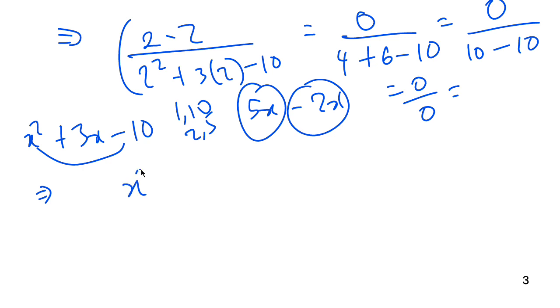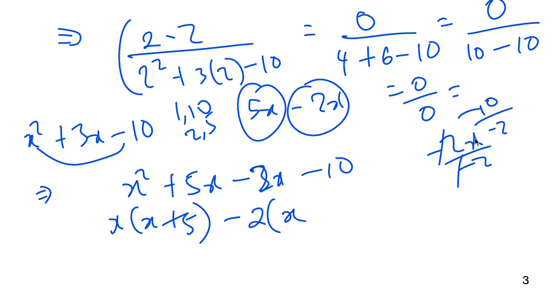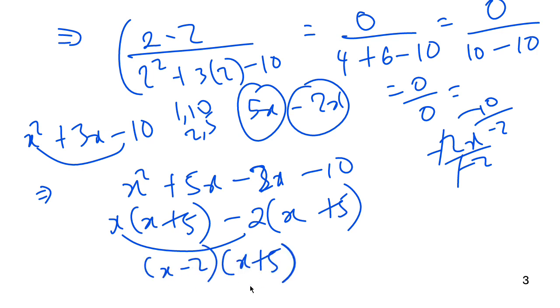That's x squared plus 5x minus 2x minus 10. Factorizing, x into x plus 5, then we take out negative 2, which is common to negative 2x and negative 10, leaving x plus 5. So we have (x minus 2)(x plus 5). That's the factorization of the denominator.